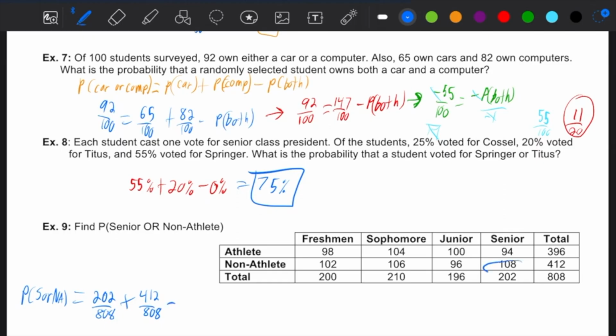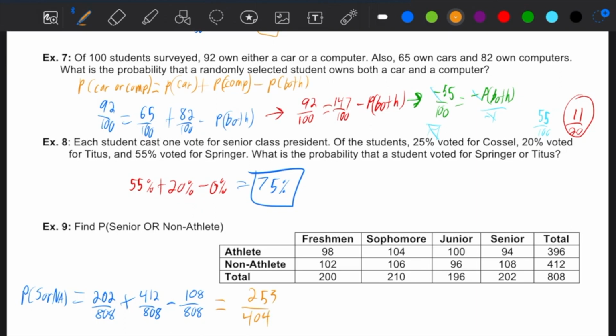And subtract the overlap, the non-athletes that are seniors, 108 over 808. And if we combine all those, we end up getting 253 over 404.